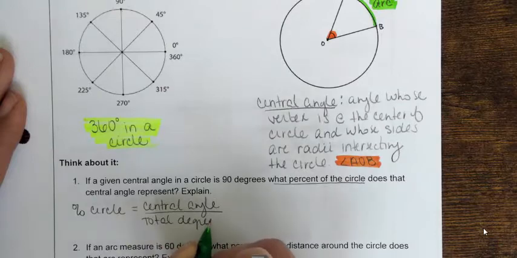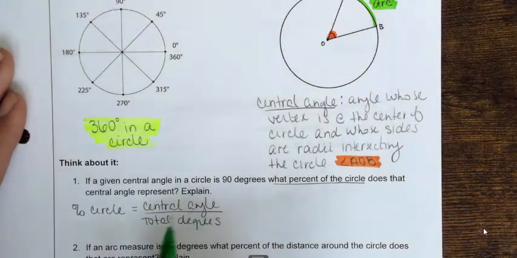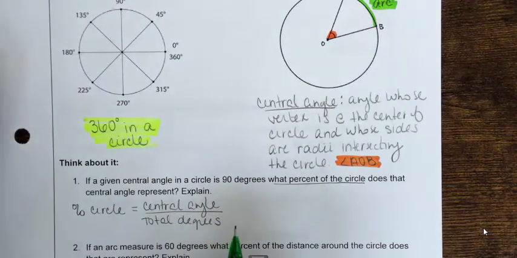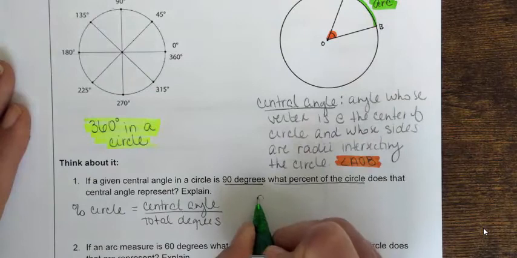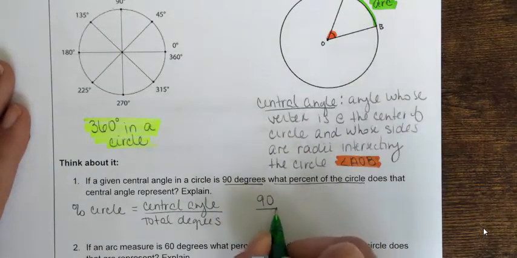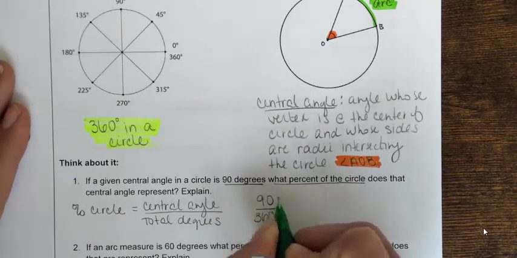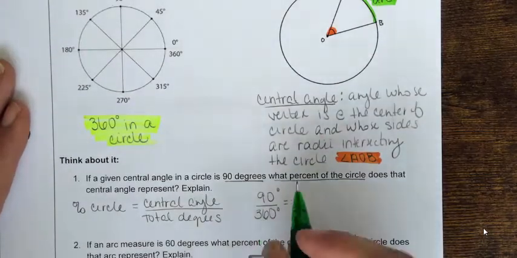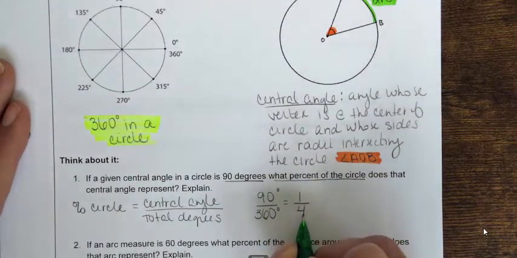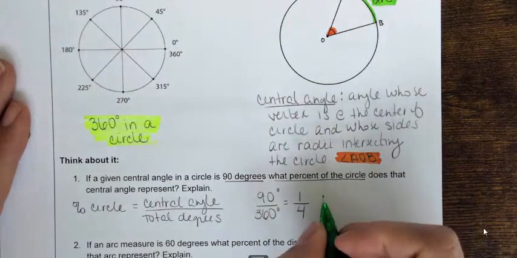That's how you find the percent of anything: you take the part that you want over all of it. In this case, I have a 90-degree central angle, so I've got 90 degrees over 360 degrees. Like we said, that was 1/4, and 1/4 is the same as 25%.